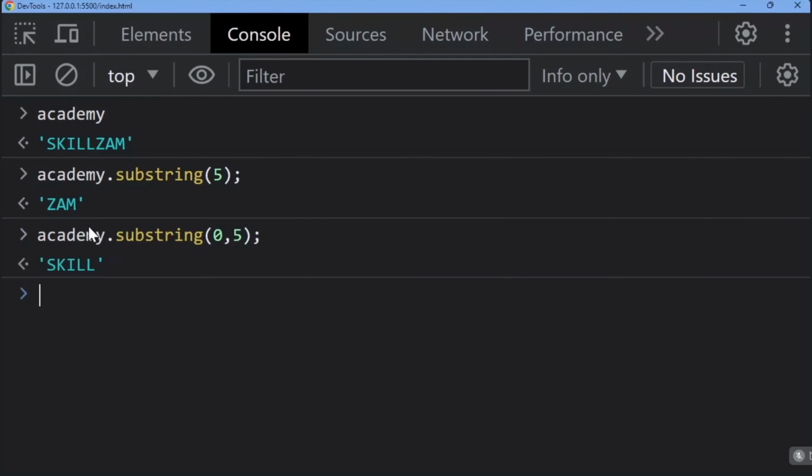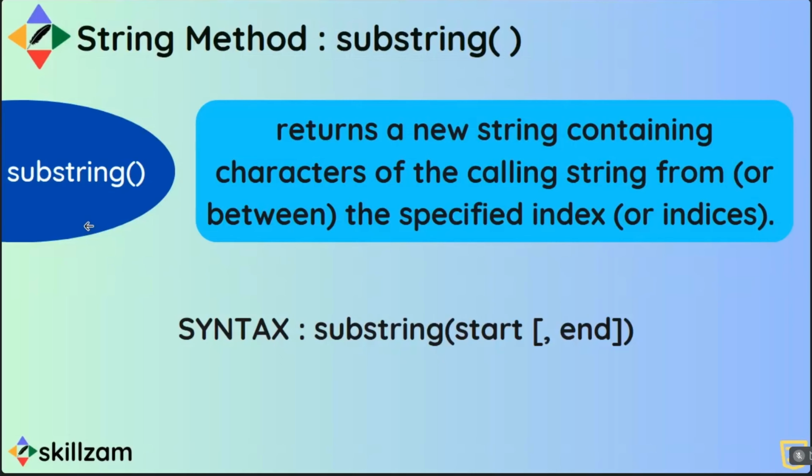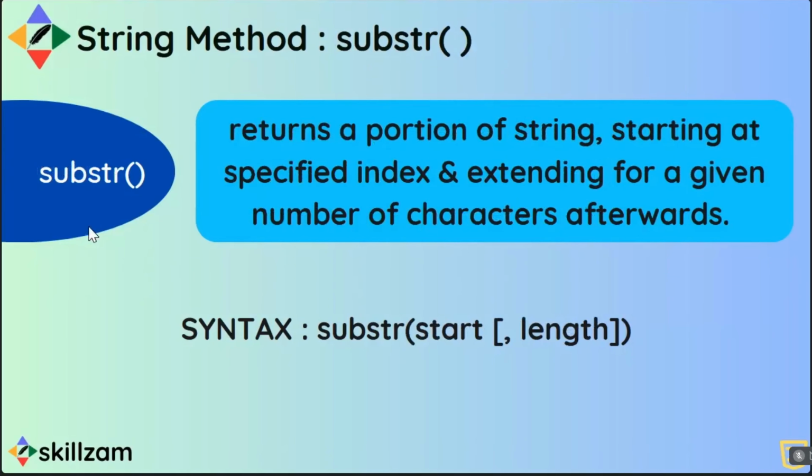All right, so there is not much of a catch here. Now, another thing that we are going to talk about in string methods is substr. This is again another way to extract the substring out of a main string. It will return the portion of the string starting at a specified index and extending to a given number of characters.